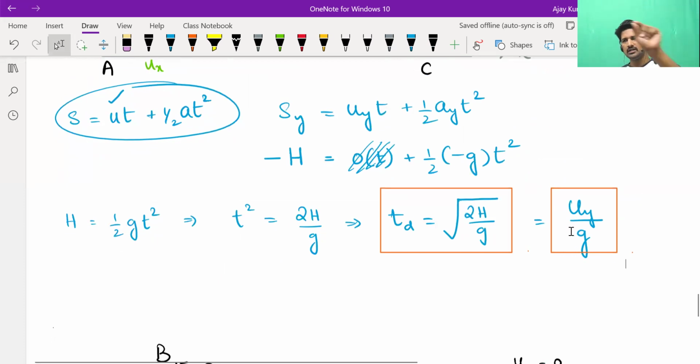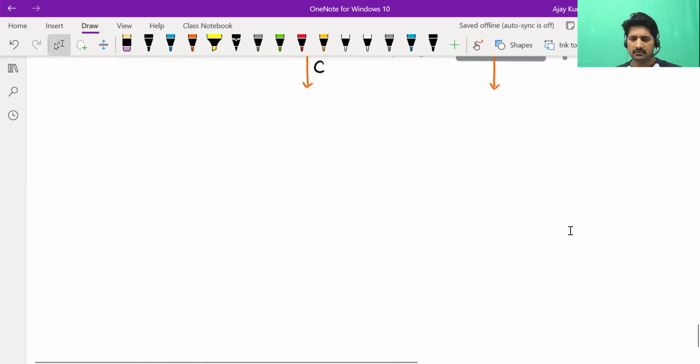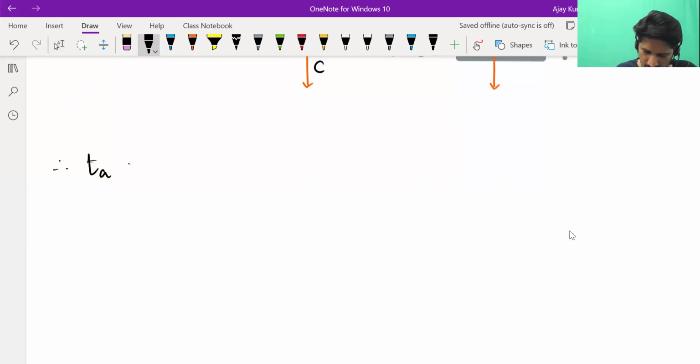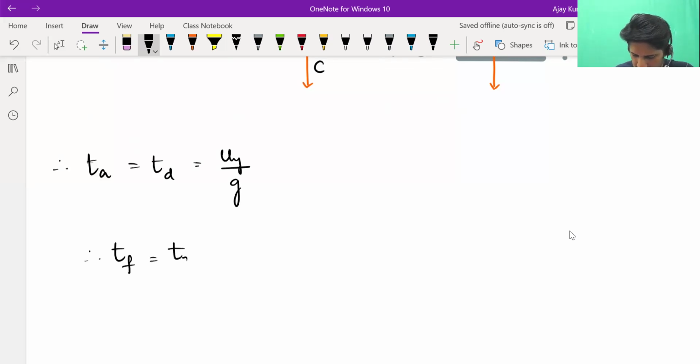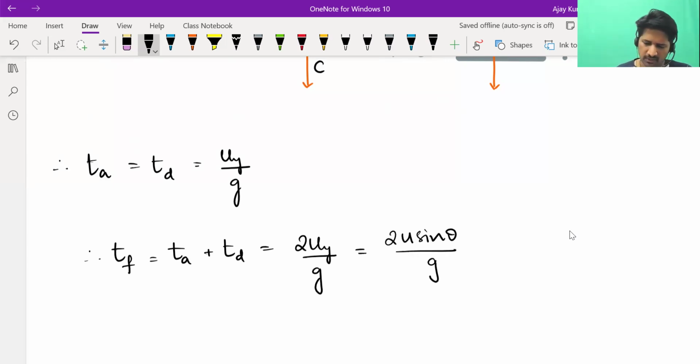Aishwarya, tell me, what is the total time of flight? 2 uy by g. Okay. Time of ascent, time of descent are both uy by g. Therefore, time of flight, which is time of ascent plus the time of descent, becomes 2 times uy by g. And in your textbooks, it may be written as 2u sine theta by g. But you better remember it as 2uy by g.